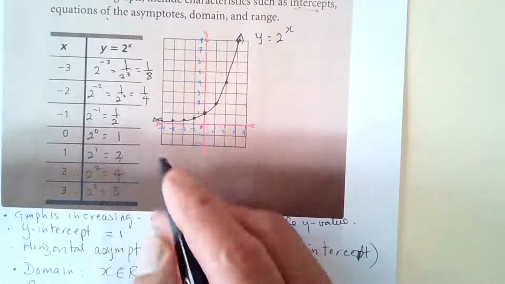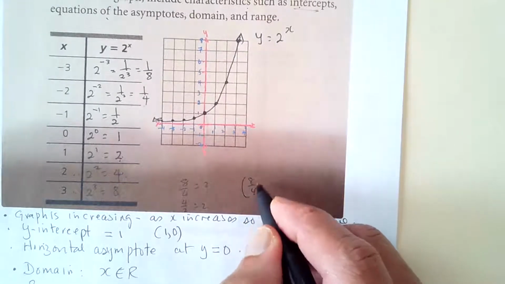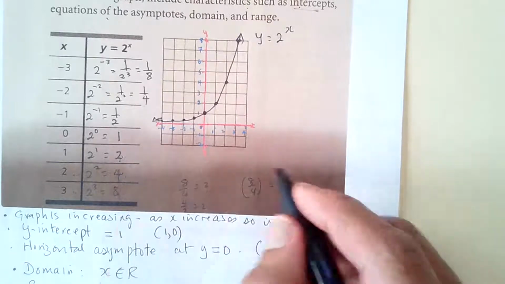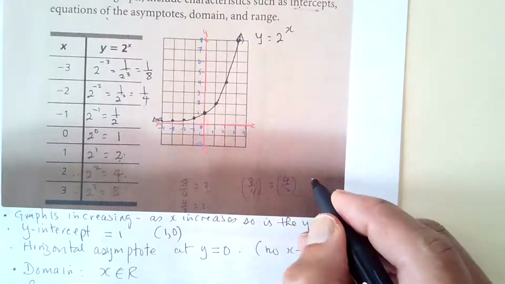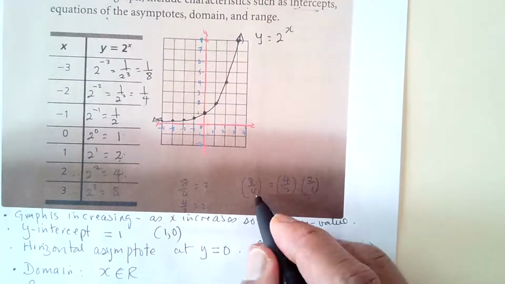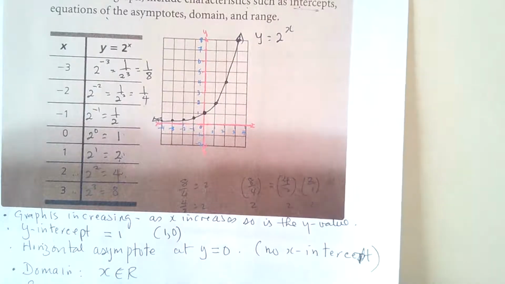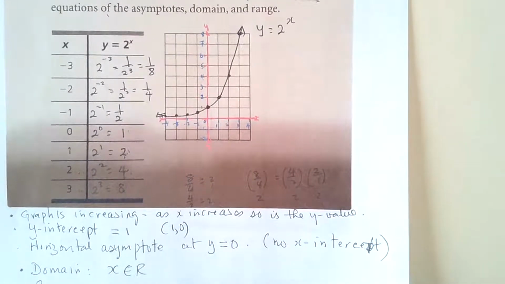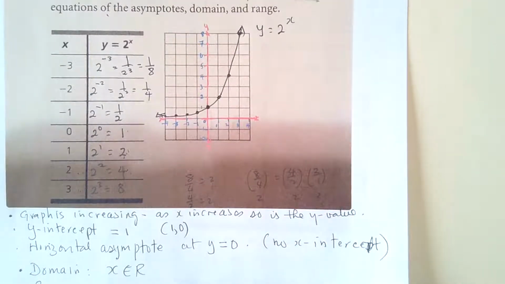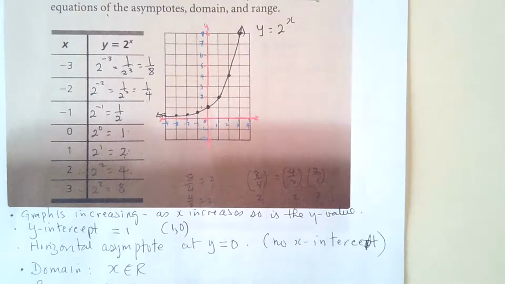Then you look at the next one, 4 divided by 2 is also 2. And if you continue, 2 divided by 1 is 2. So we can conclude that consecutive y values have a constant ratio.